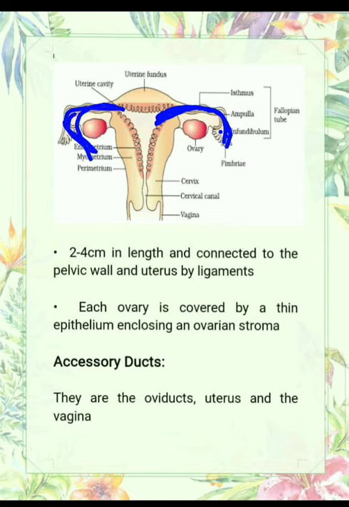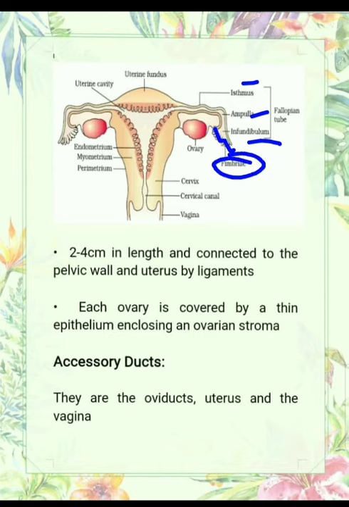So these are the fallopian tubes, or you can say oviducts, and each fallopian tube has mainly three parts. You can see here this is the infundibulum, then the ampulla and then the isthmus. Infundibulum is the start of the fallopian tube and it has finger-like projections known as fimbriae. Fimbriae help to collect the ovum released by the ovary.